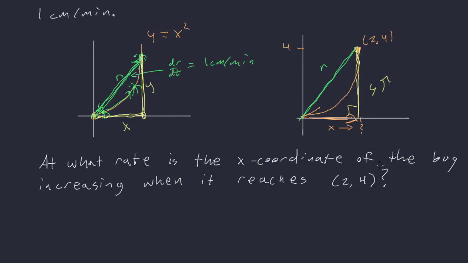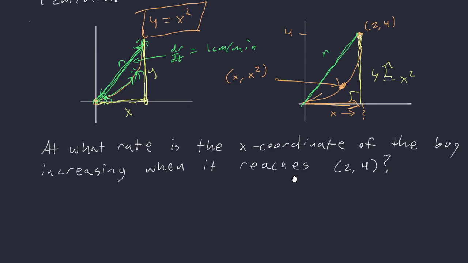Another thing we can do, now we're only looking for the rate in terms of x. So since this point always comes from this parabola, every point along this parabola is going to be of the form x comma x squared, because that's what y is equal to. Okay, so y is equal to x squared.